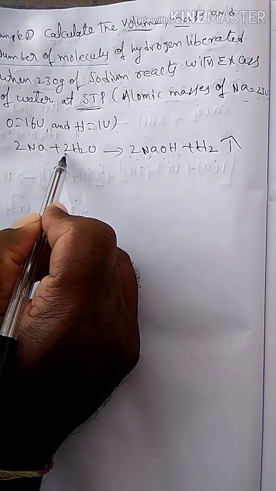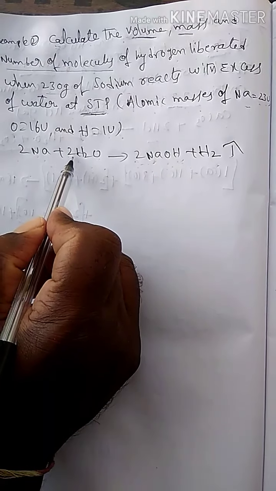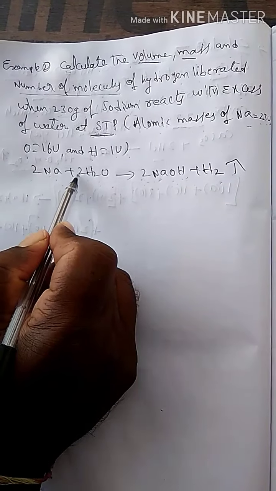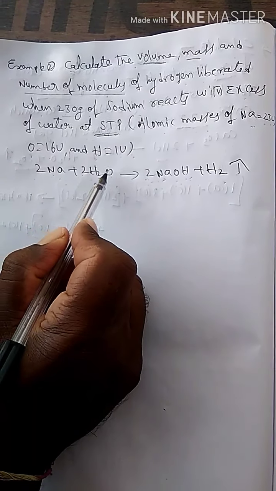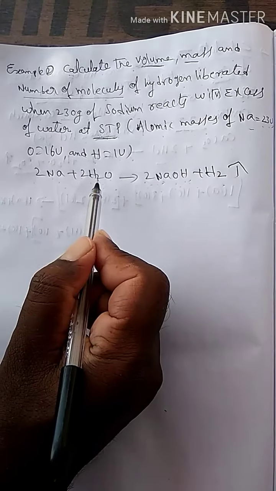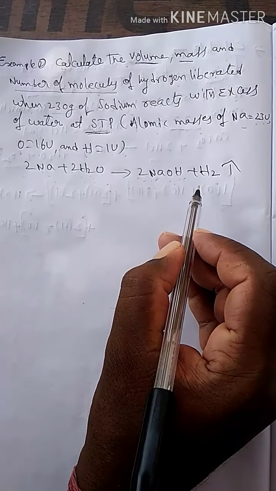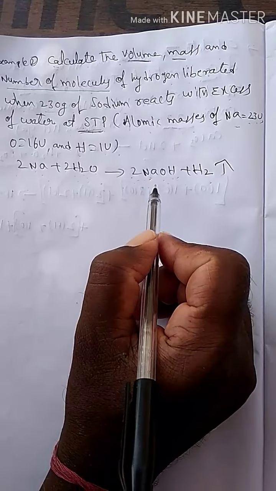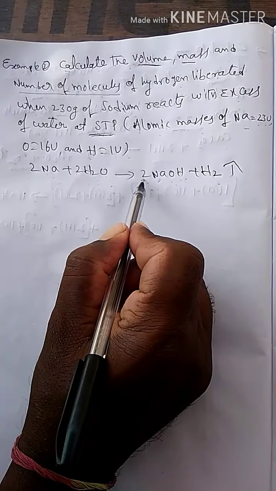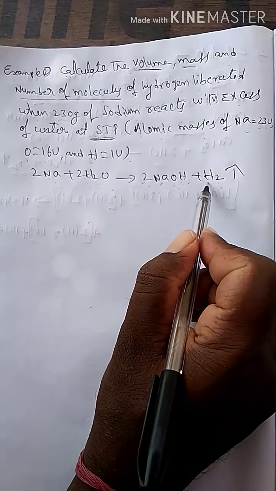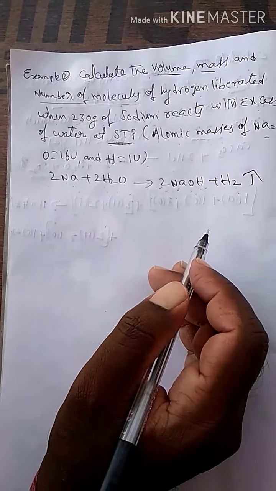Now here 2H2O, 2 twos are 4 H's are there. On the product side, 2H from NaOH plus again 2H's from H2, 4 H's, already balanced.